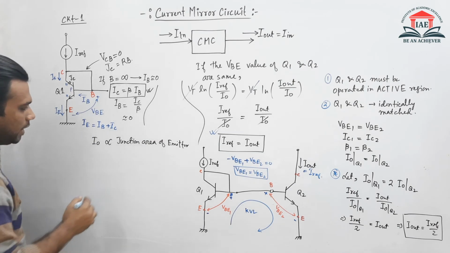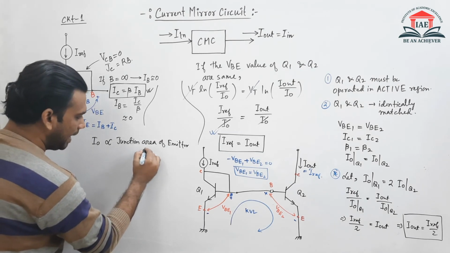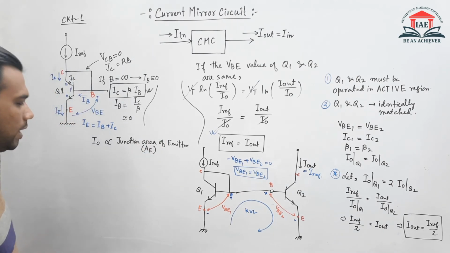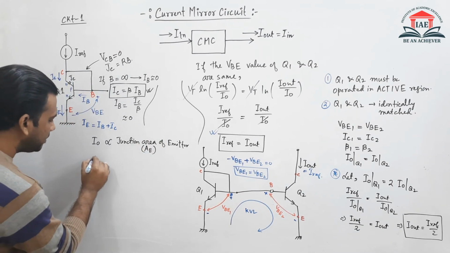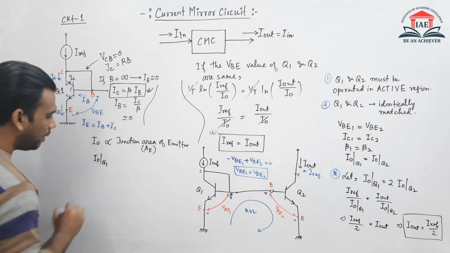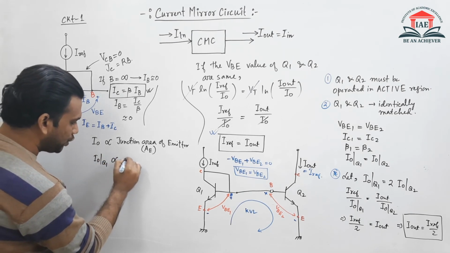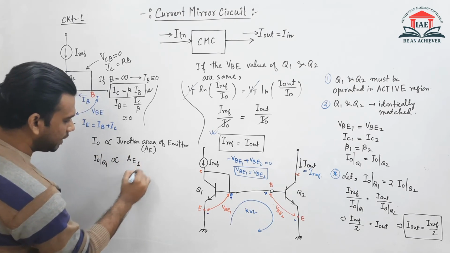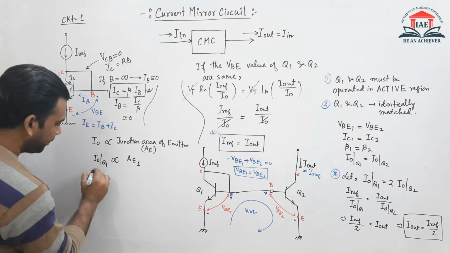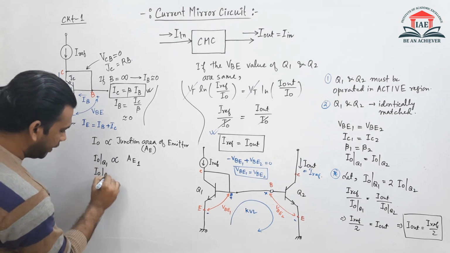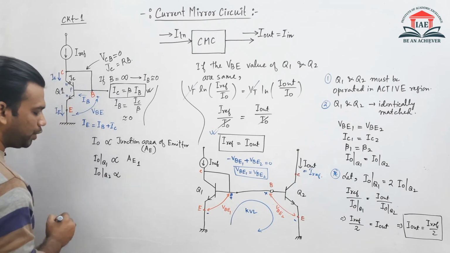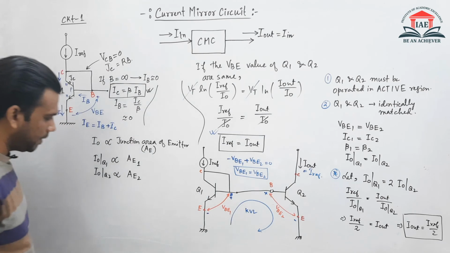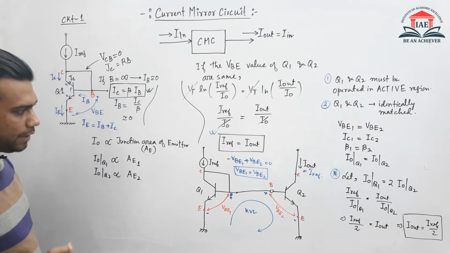So if I denote the junction area as AE, suppose AE is the junction area of the emitter, then what will happen? I0 of Q1 transistor will be proportional to the emitter junction area of the Q1 transistor. Similarly, the I0 of Q2 transistor will be proportional to the emitter junction area of this Q2 transistor. What is the requirement?